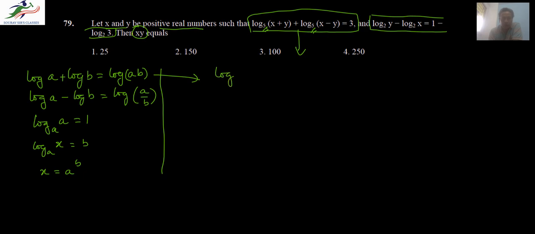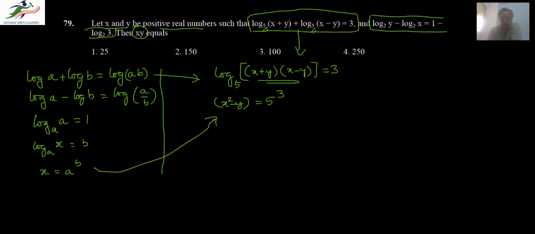So log of x plus y into x minus y to the base 5 is equal to 3, which means x square minus y square is equal to 5 to the power 3, coming from this rule, is equal to 125. So this is my first equation, and from the second equation I get log of x to the base 2 and log of y to the base 2.